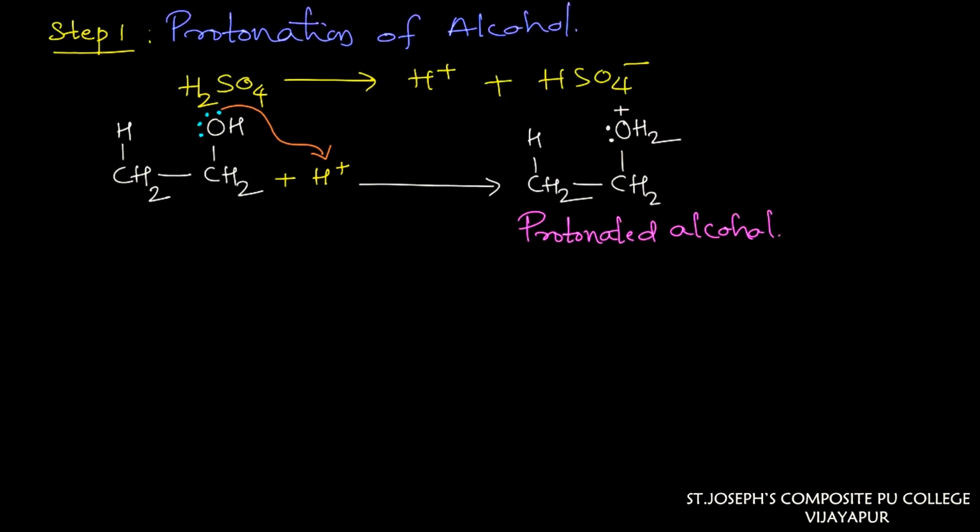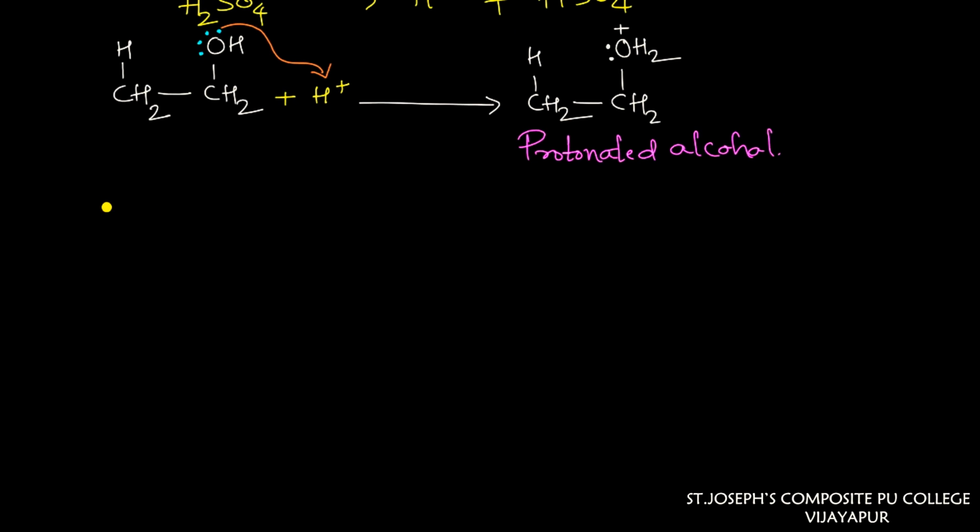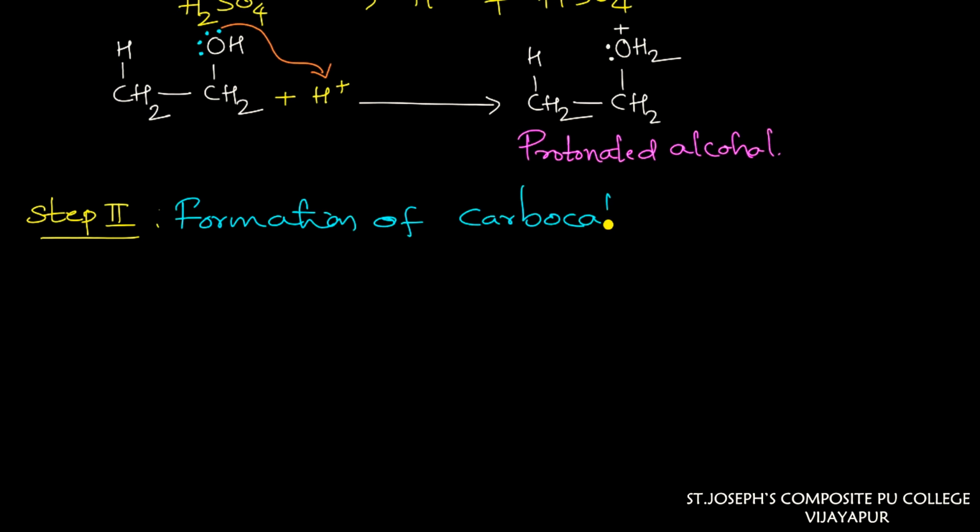Now go to step number 2. In step number 2, removal of water takes place and formation of a carbocation takes place. I'm going to write the same molecule here, the protonated alcohol, CH3CH2OH2+, with one pair of electrons on the oxygen along with the positive charge on the oxygen.